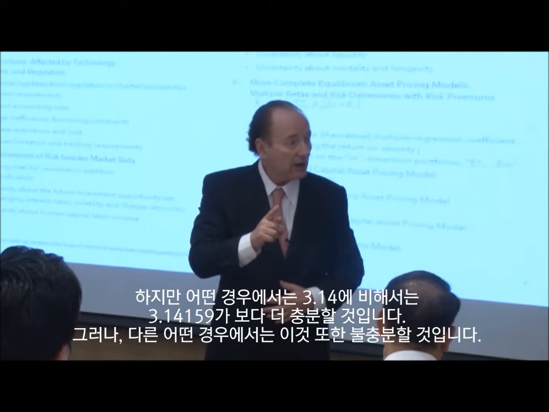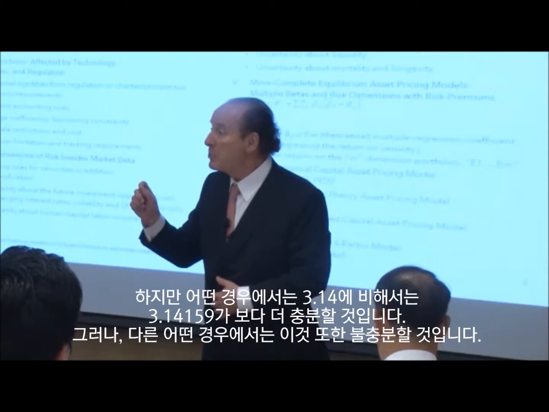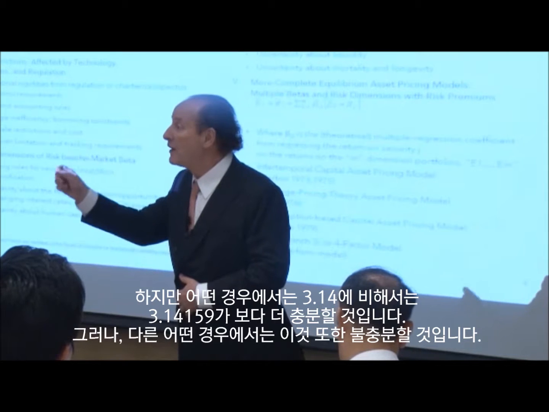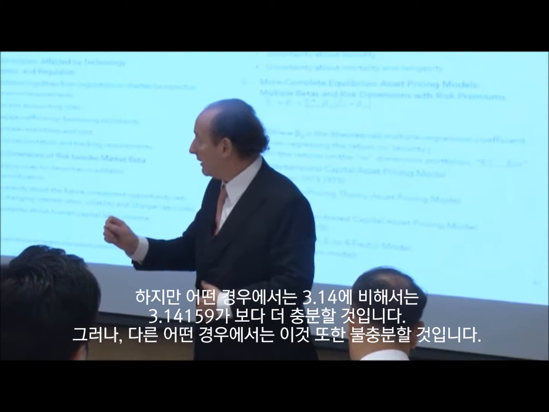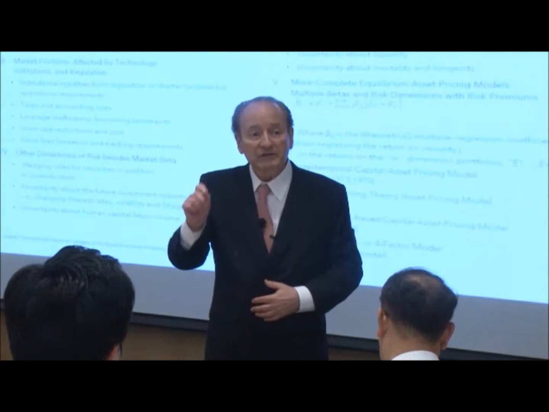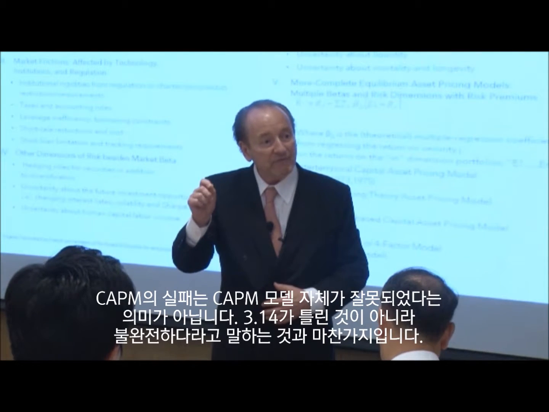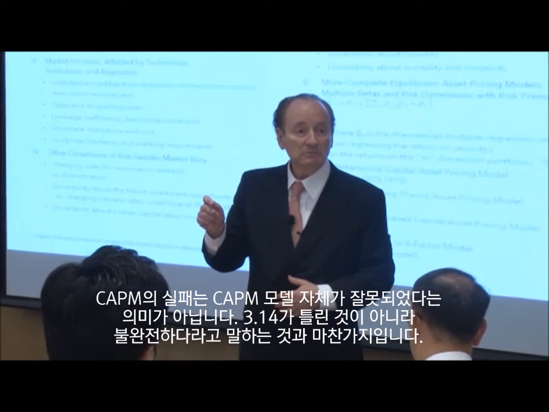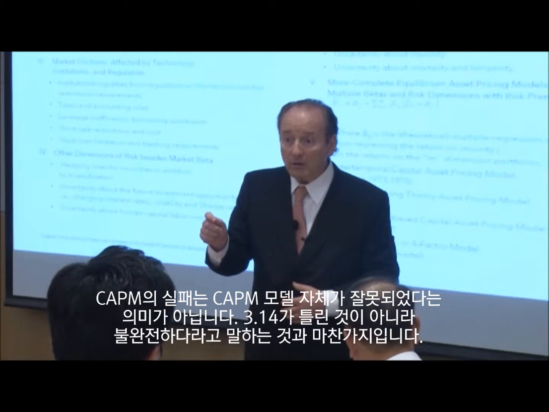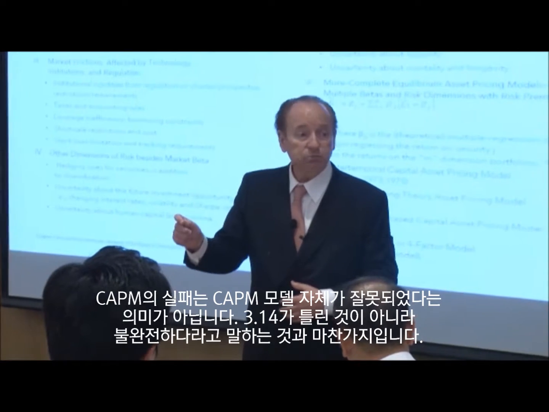For some jobs or some activities, 3.14 might be a good enough model. In other cases, it's not good enough. The sense in which I say the CAPM fails is that it's not a wrong model. 3.14 isn't wrong. It's just too incomplete.